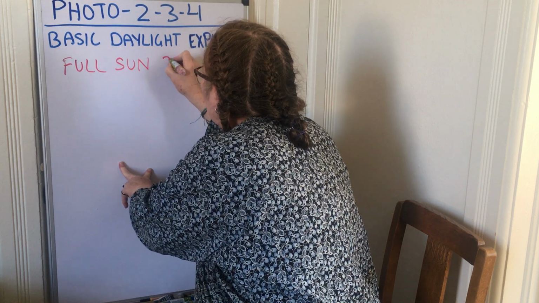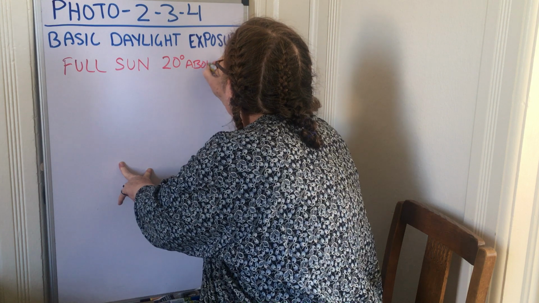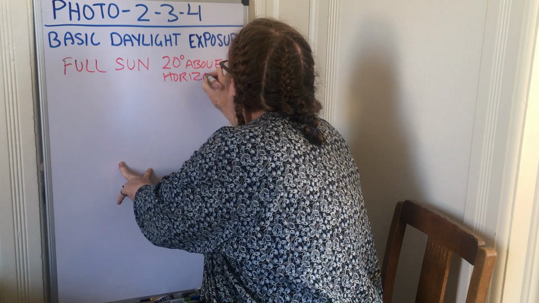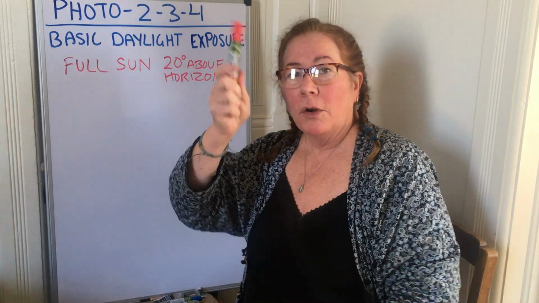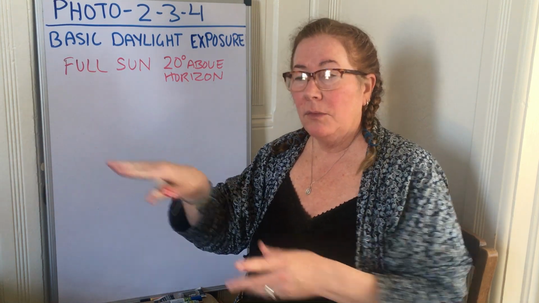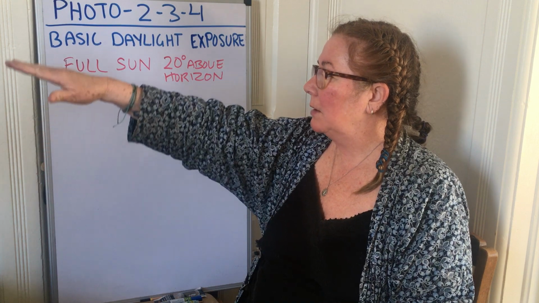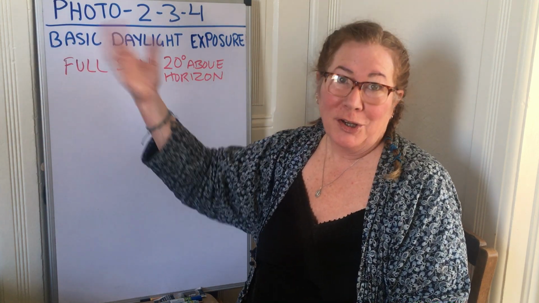So you want full sun, and the sun has to be 20 degrees above the horizon. It doesn't matter if it's the sun coming up in the morning or going down at night. If this is the horizon, 20 degrees is going to be about like that. So it has to be high enough to be shining light on you, right?